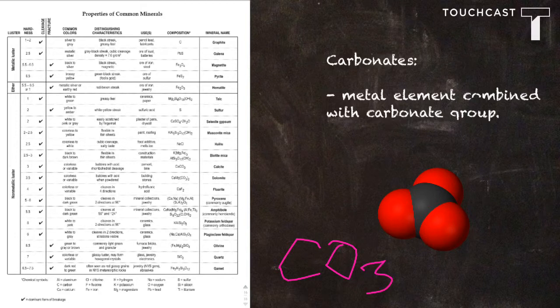And here I have a picture of what that would look like. 1 carbon with 3 oxygens. So you look for in the chemical composition column, and you look for that CO3. And here you can see calcite is a mineral that fits in that mineral group. What I'd like you to do is stop the video, and look for the other carbonate mineral.